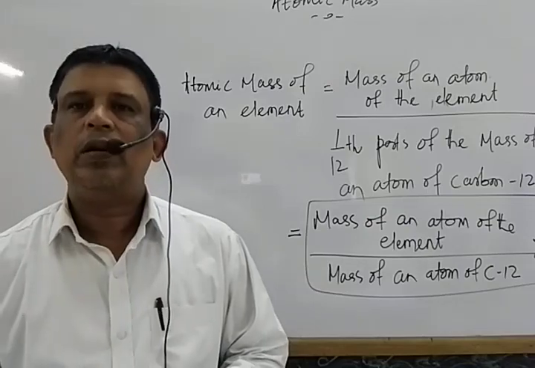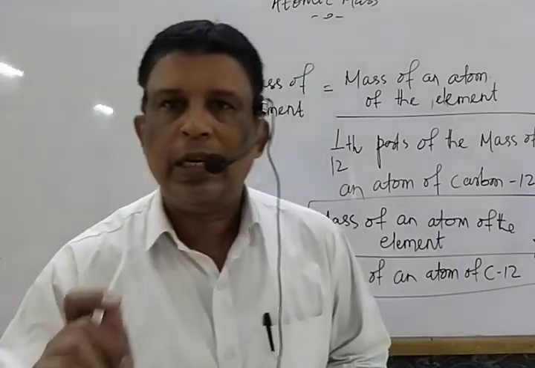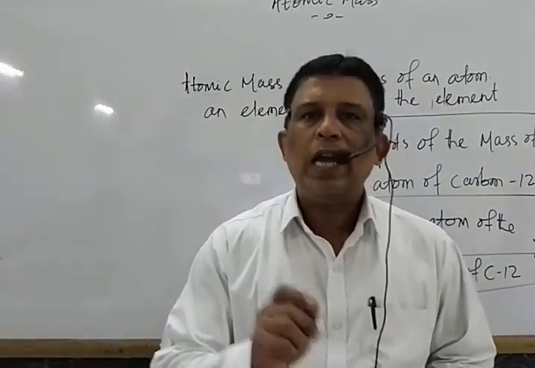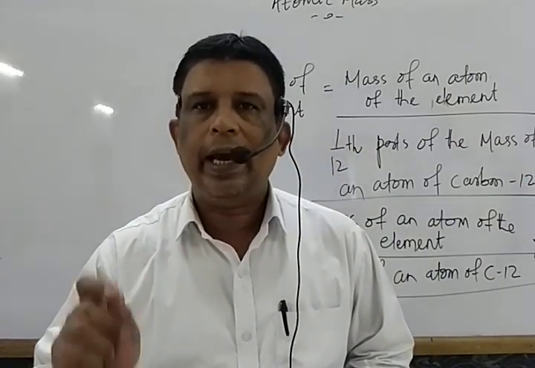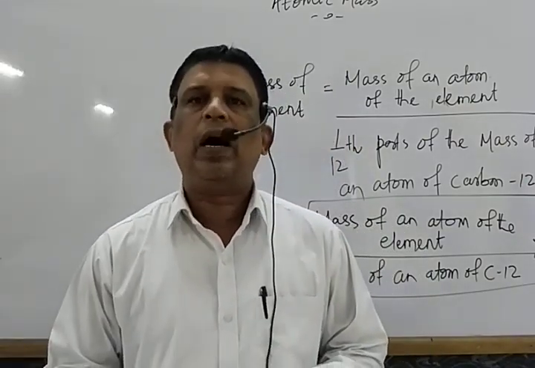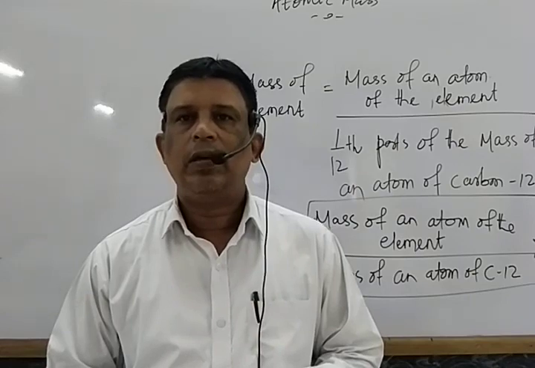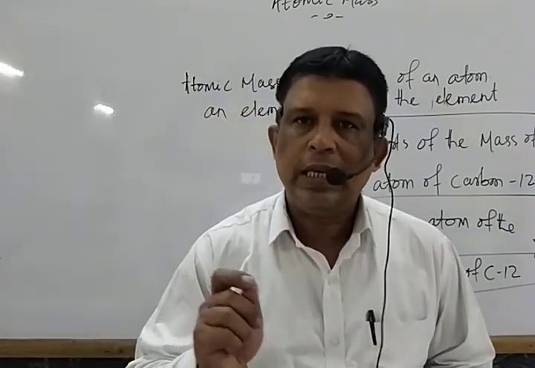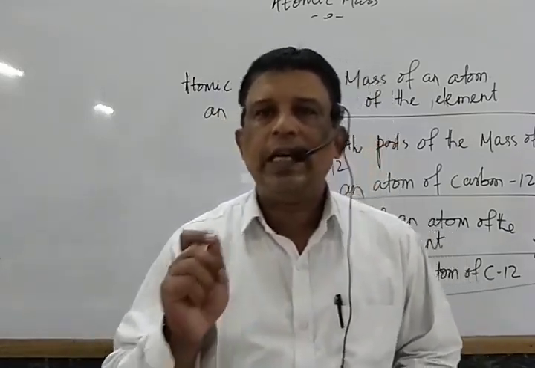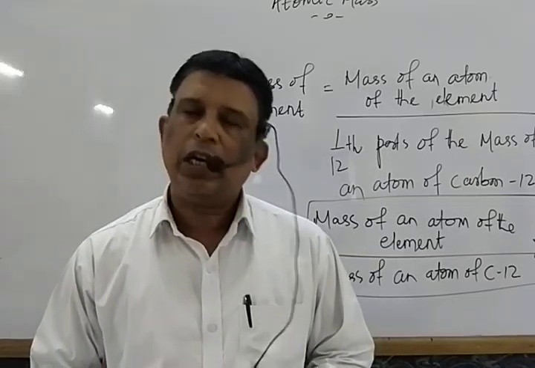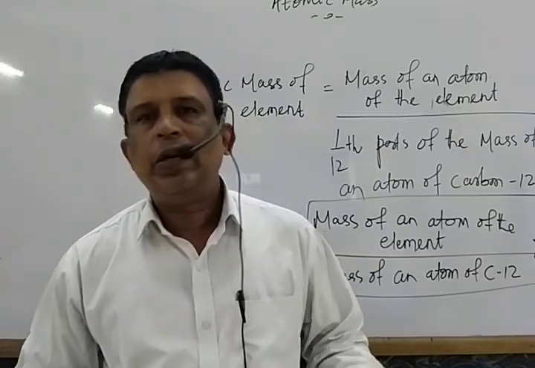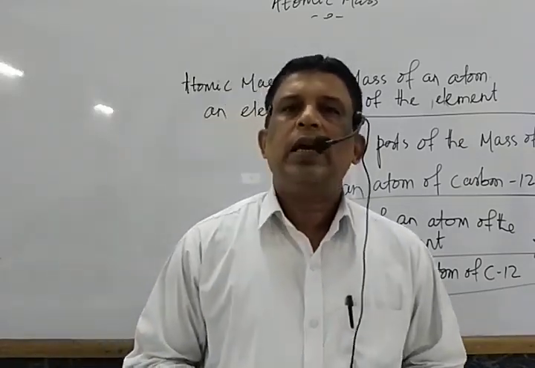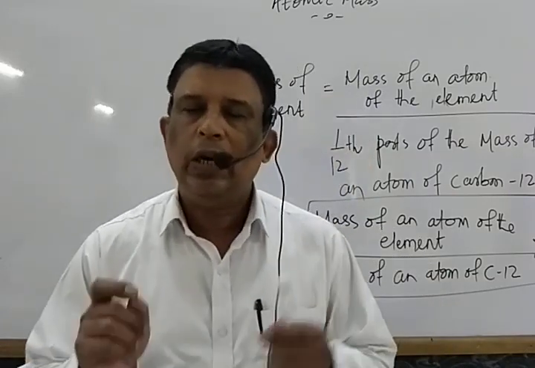For example, mass of one hydrogen atom is 1.008 AMU, atomic mass unit. Mass of one oxygen atom is 16 AMU, atomic mass unit. But in day-to-day life, we always deal with gram, kilogram.